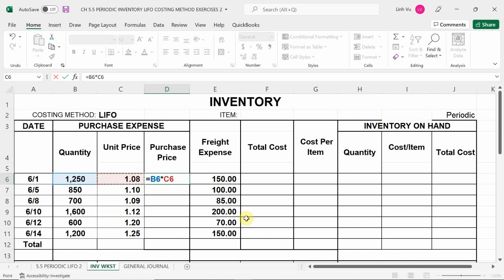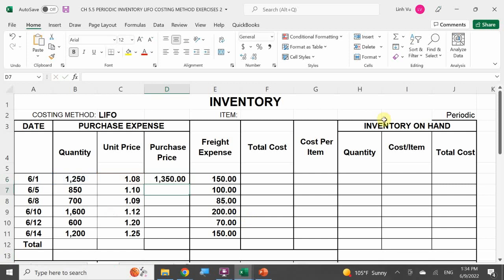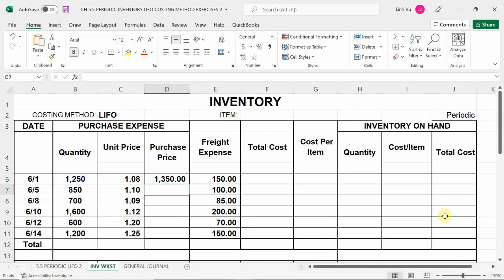What's my total purchase price for the purchase on June 1st? It's 1,350. Okay, plus, we need to figure out what my total cost is.